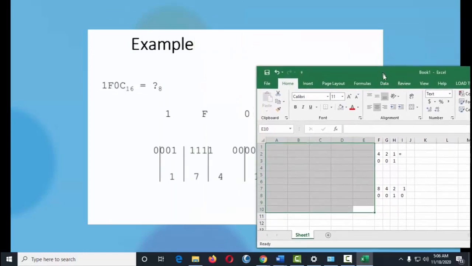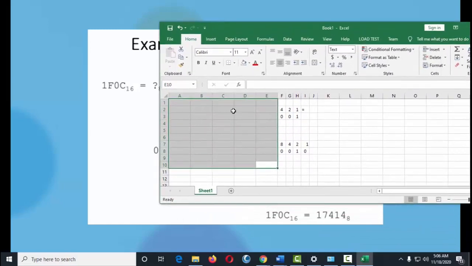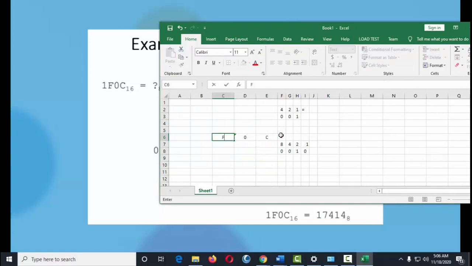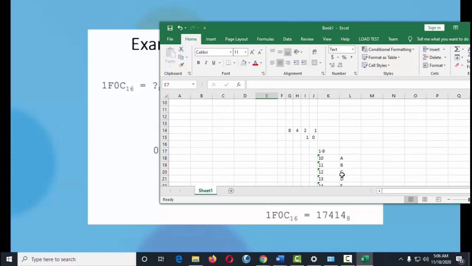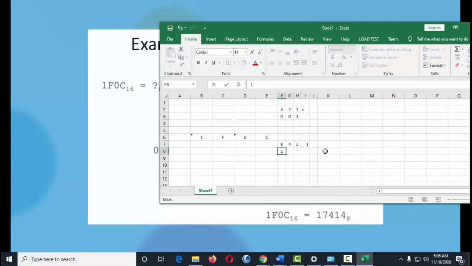So C, 0, F, and 1. So your C is actually, what is C equivalent to? C is 12. So you have to get a combination of 12. So for us to get 12, you add this 8 plus 4 is 12.